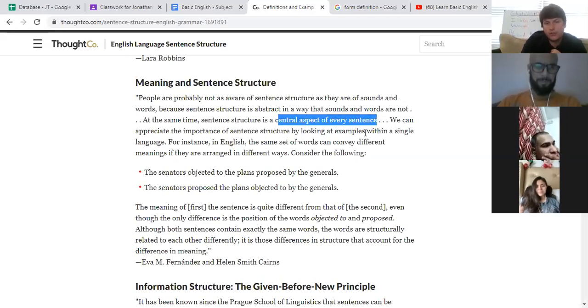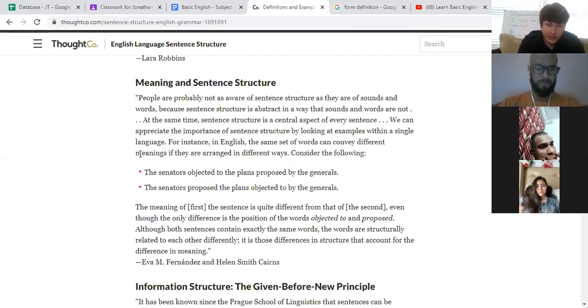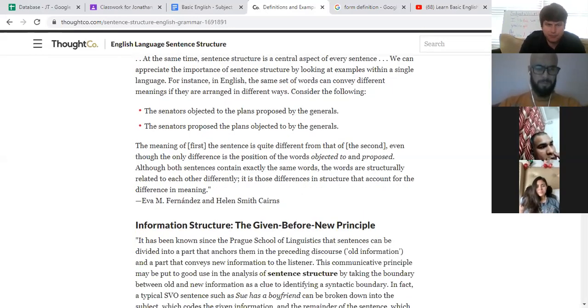We can appreciate the importance of sentence structure by looking at examples within a single language. For instance, in English, the same set of words can convey different meanings if they are arranged in different ways. So consider the following.